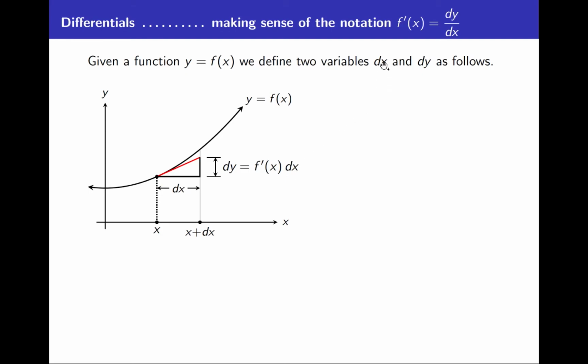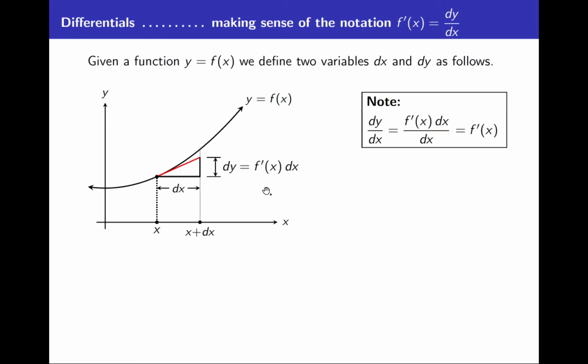So these two variables, dx and dy, are actually related by an equation. Dx is like an independent variable. Dy depends on dx. It's f prime of x times dx. If you change dx, you're going to change dy according to this equation. Notice what's happening here in this picture. We've defined dy to be f prime of x dx.